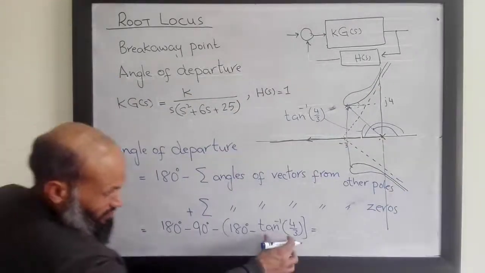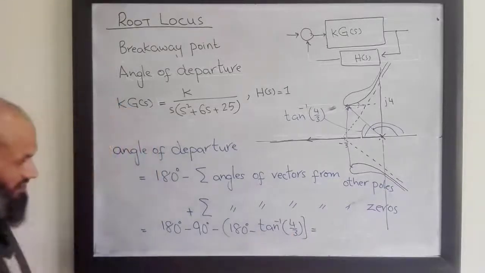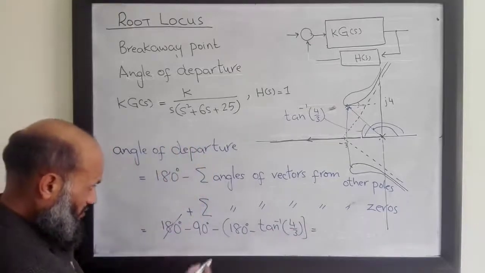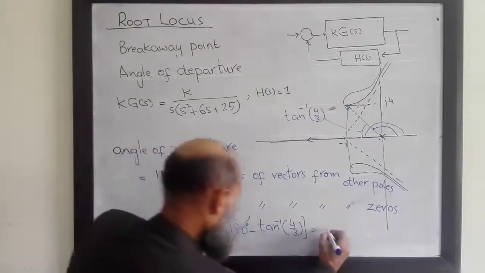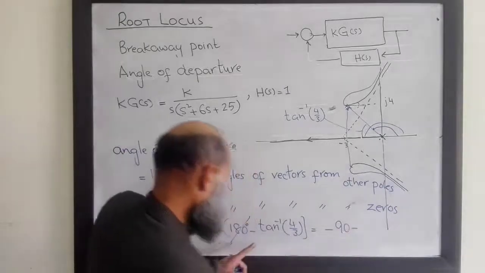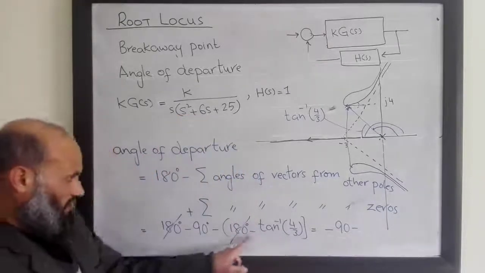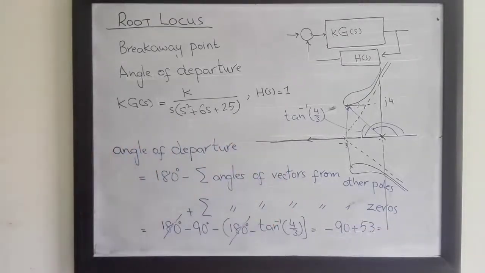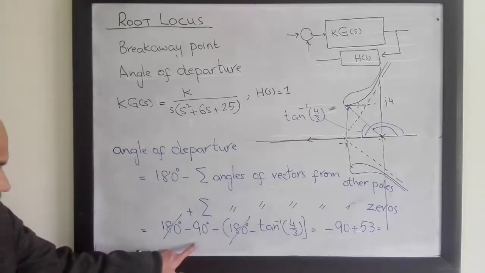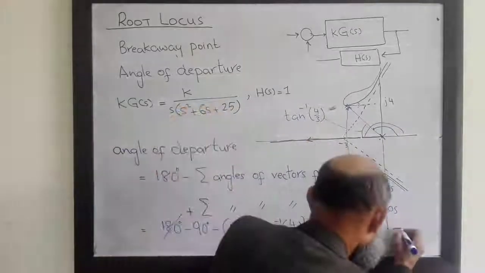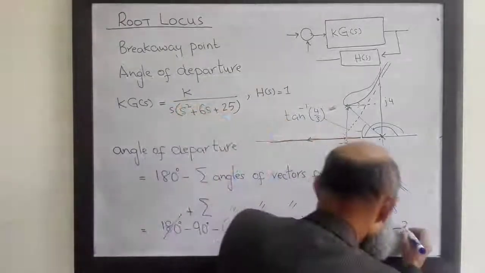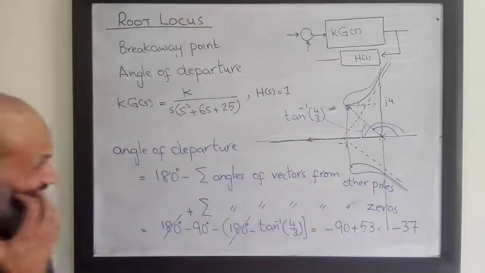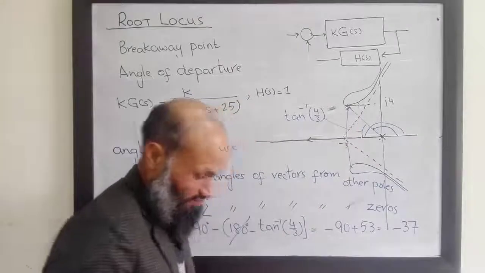This comes out to be approximately 53 degrees, and therefore this 180 cancelled with 180, so minus 90 plus 53 degrees. So what we get is minus 37 degrees. That is, this angle is minus 37 degrees.